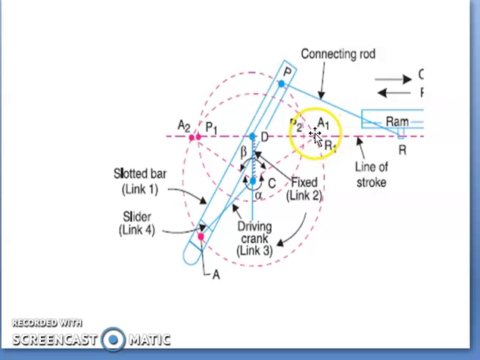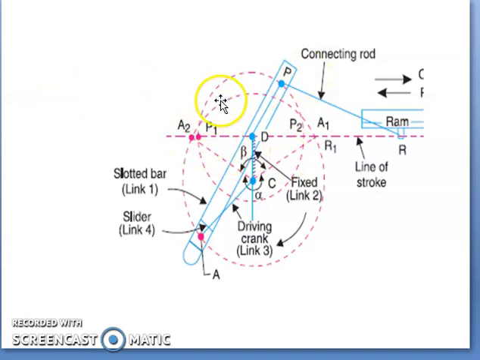So when it is moving from A1 to A2, traveling an angle of alpha, the point will move from P1 to P2. When it is at P1, you will have the ram at the outer end of the stroke. When it reaches P2, the ram would have traveled the distance and reached the end of the stroke. So the total stroke length will be equal to 2 times PD.